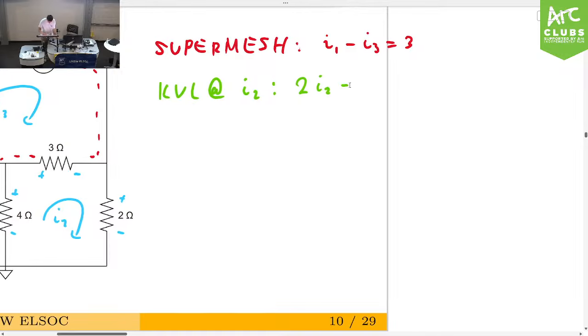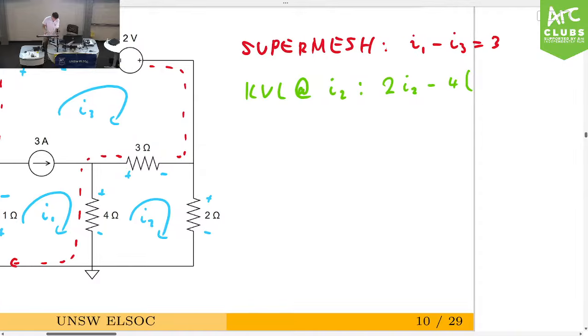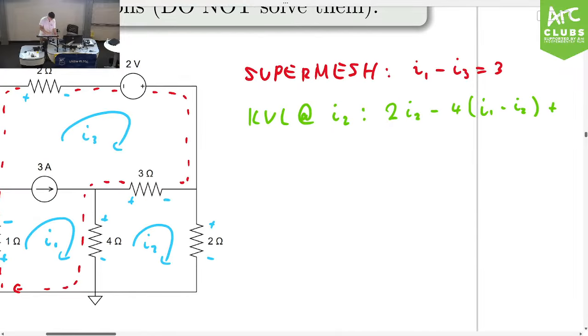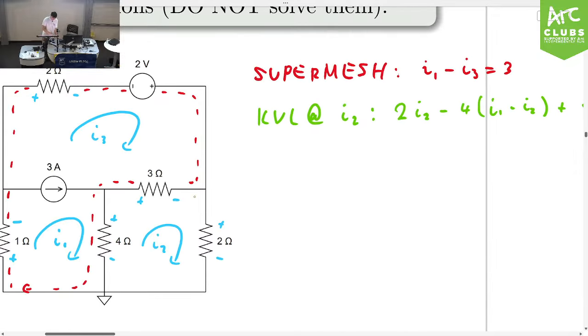So it will be minus 4, but the current going through this 4 ohm resistor is actually I1 minus I2, which is the net current. Then the 3 ohm resistor here is plus 3, but the current is actually I2 minus I3.